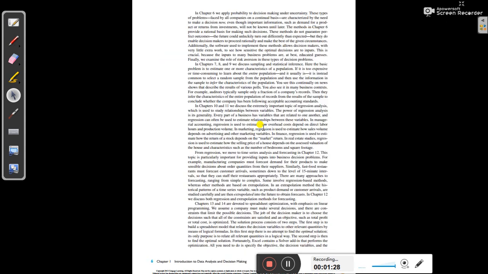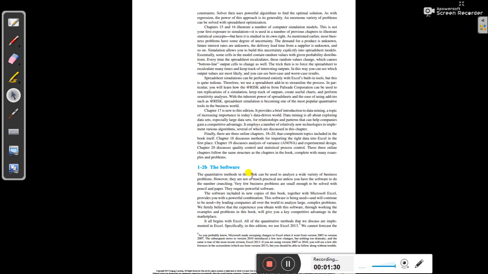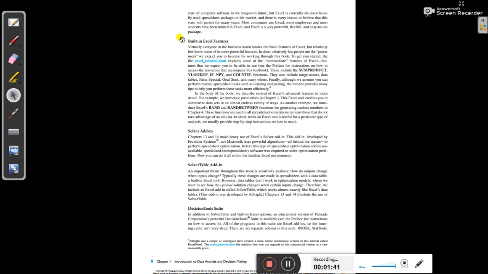So there are many software to analyze the data, or we can say do business analysis. In day-to-day exercise we use Microsoft Excel. There are lots of features added in Excel which can be used to analyze the data.